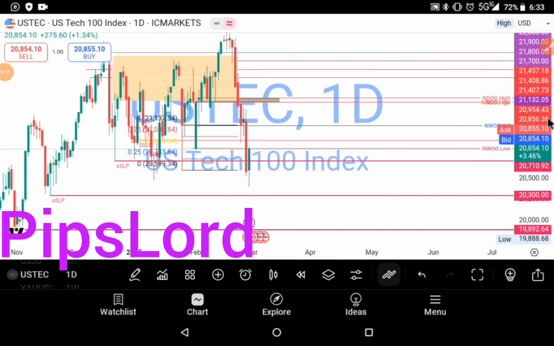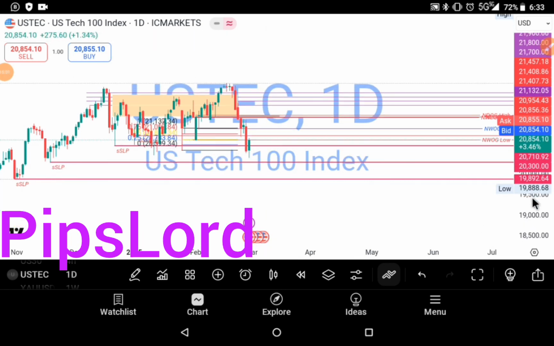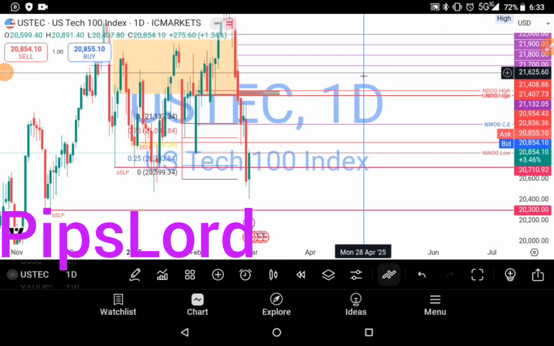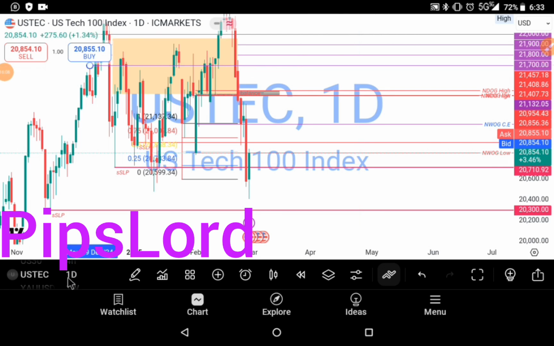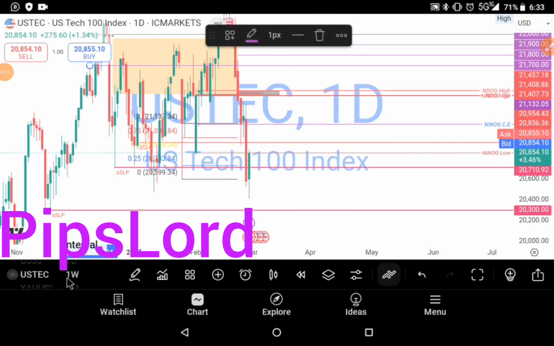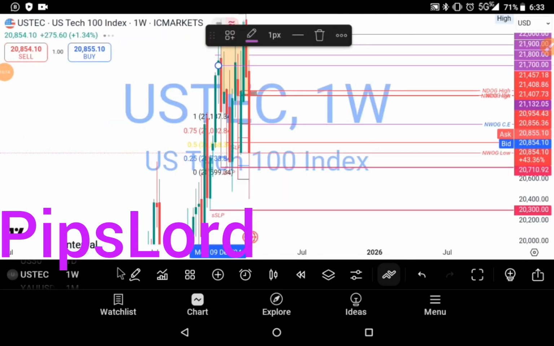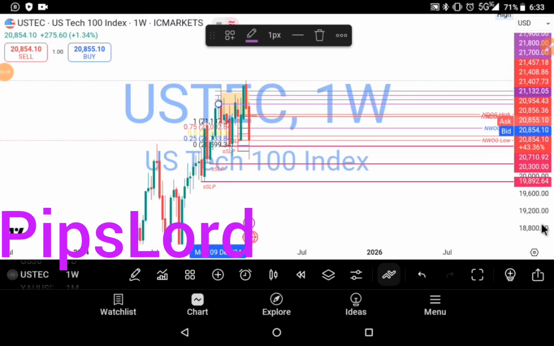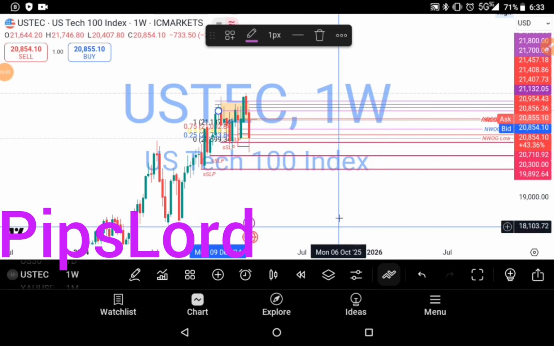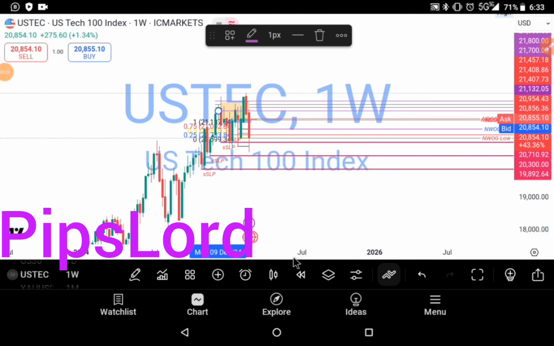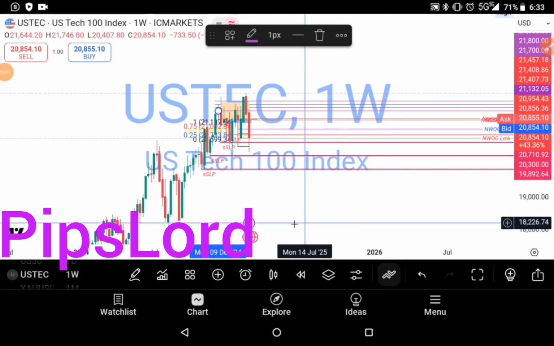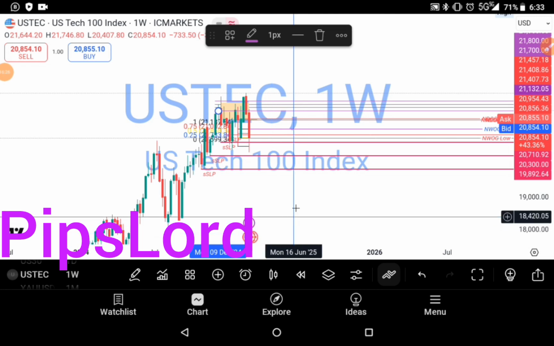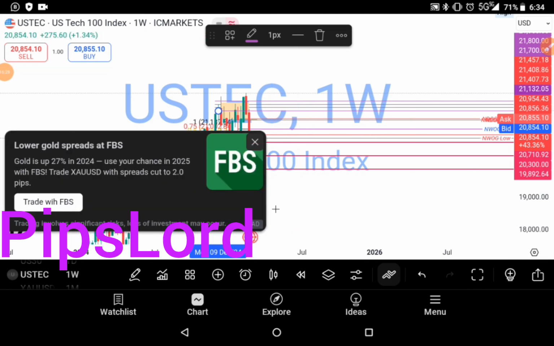So this has gone so far that I have changed my view on this for maybe 3 days. I've been seeing whether this level is still going to sustain. But personally, I'm still bullish on it.